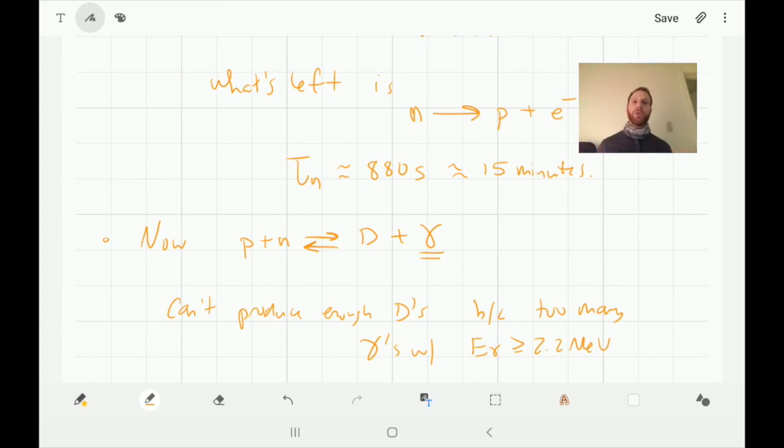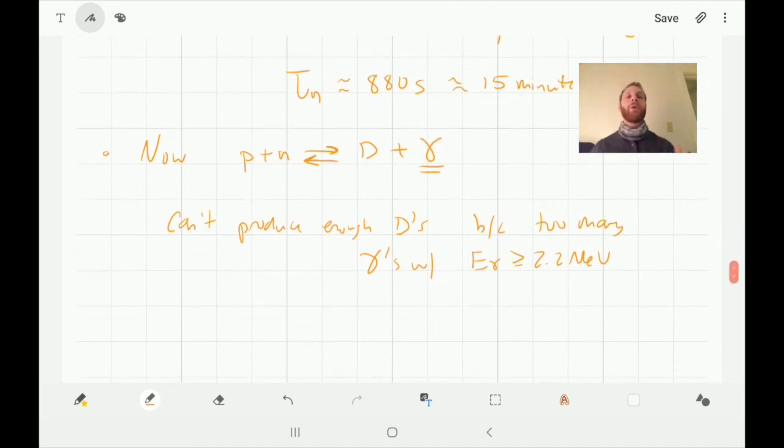This is called the deuterium bottleneck. You're stuck because you have to get through deuterium to make all the other stuff, but you don't have enough of them because the universe is still too hot. So I'll write this: deuterium bottleneck.